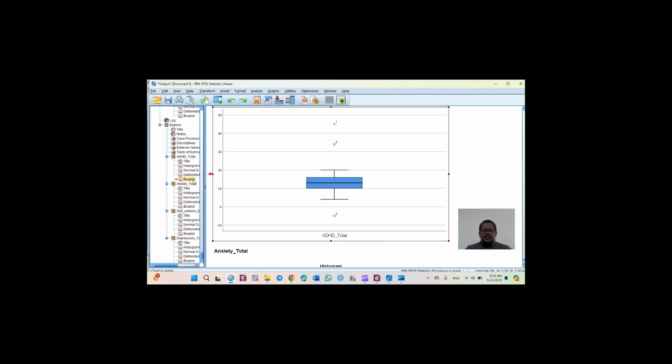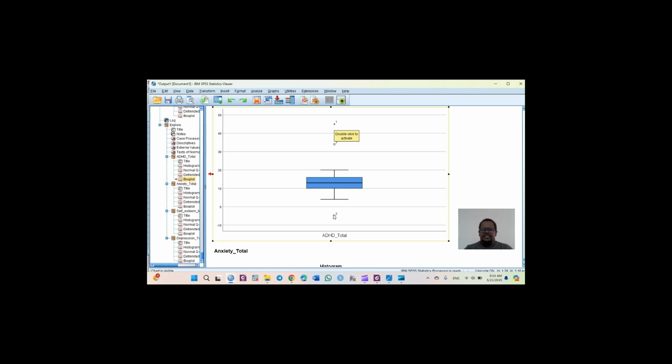Great. Here is our box plot. As you have seen earlier, there were no outliers, so we hadn't seen a box like this, as well as a star. But now, on two occasions, there are boxes.